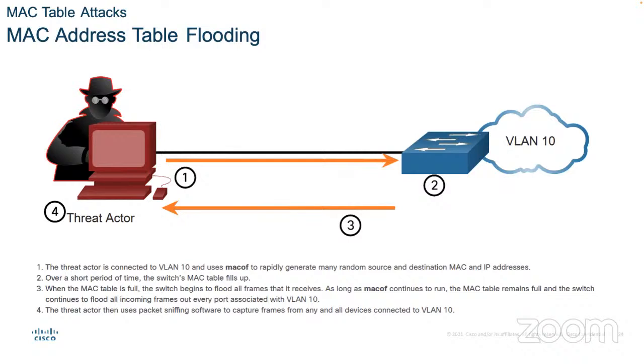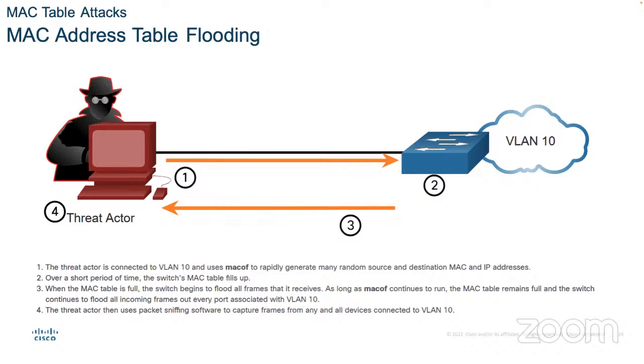Because they know this, attackers use tools to flood the table so that the switch no longer knows where to send data. At that point, a switch could become a hub where it forwards traffic everywhere, which again is to the attacker's advantage.